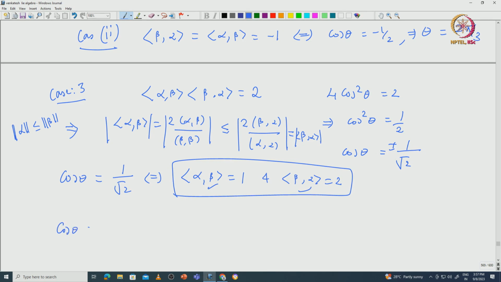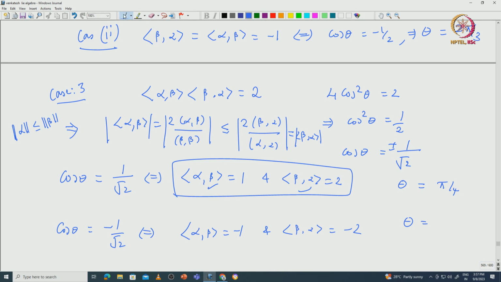When cosine theta is minus 1 by root 2, you can see that the Cartan number for alpha beta will be minus 1 and the one for beta alpha will be minus 2. In this case theta will be pi by 4 and in the other case theta will be 3 pi by 4.